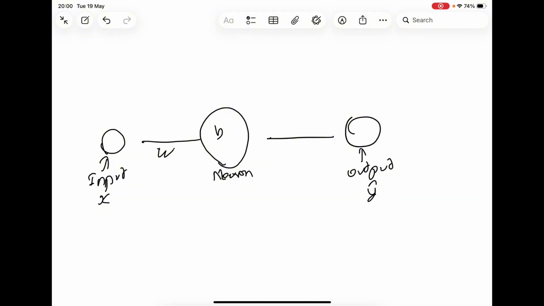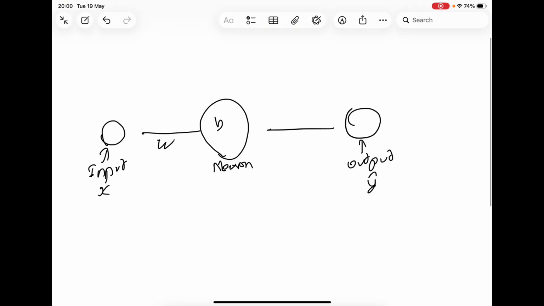In later videos we will cover that. But to understand the concept, this is more than enough, I think. All right, so this will be our visualized network.